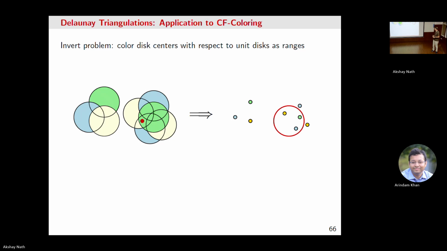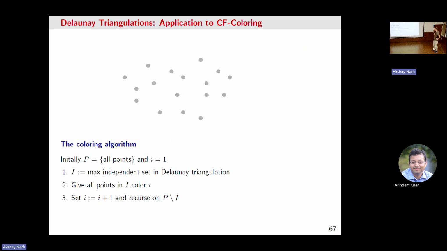Maybe you could already think that, well, I have points, I have disks, maybe something with Delaunay triangulation, because you have the empty disk property, and indeed that's what we're going to do. It's a very simple algorithm. Here are my points that I want to color.